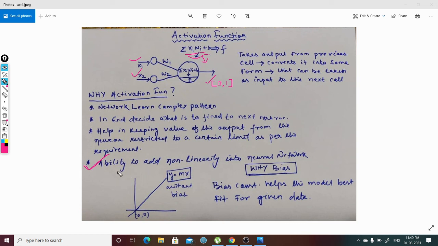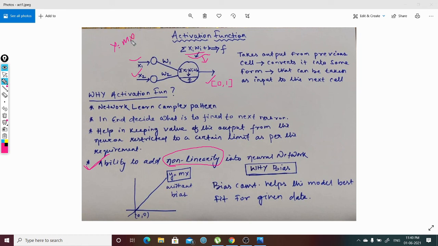So actually what it does is it provides non-linearity to the neural network. Okay, so what it basically means is, when we are giving this particular input, you can say this is a linear function, right? y = mx + c.